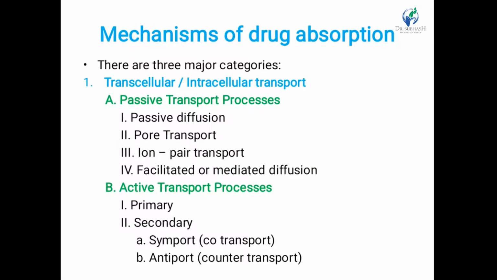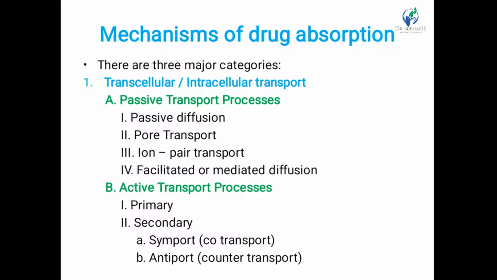Next is mechanisms of drug absorption. There are mainly three categories of drug absorption mechanisms. First is transcellular or intracellular transport, which includes A, passive transport process, and B, active transport process.